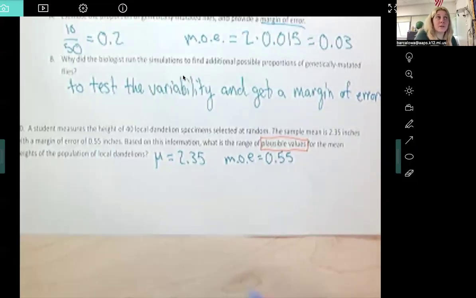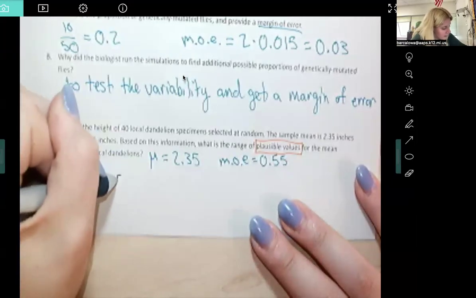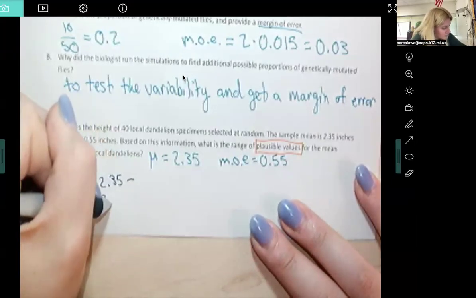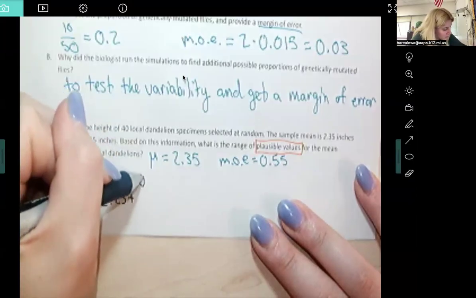So plausible values, I'm not talking about everything that is possible, because we did the one example in class where we flipped 20 coins, and it is possible for all 20 of those coins to land on heads. But is it plausible? Would we expect that to happen? No. So it's good to have a range of plausible values. To find that, I'm just going to take 2.35 and add or subtract, or I like to subtract first, that margin of error.